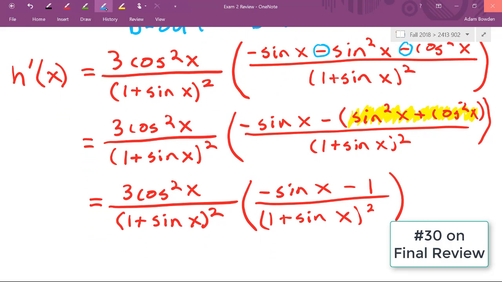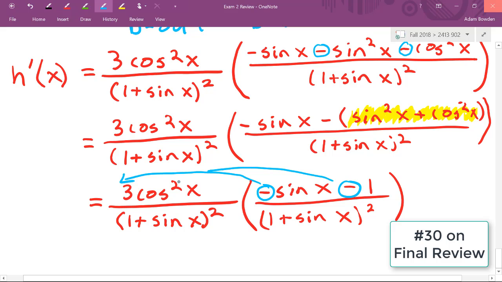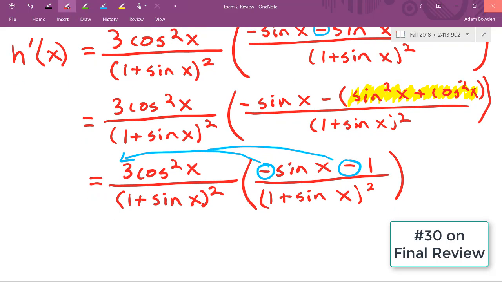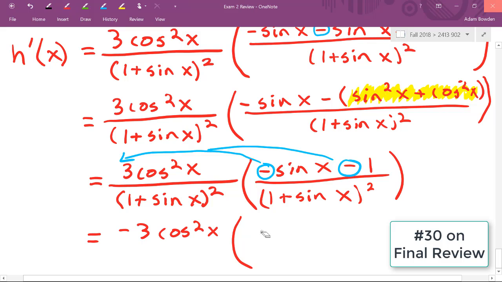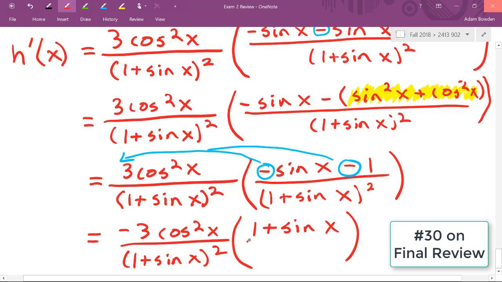Now again, notice how there are negative symbols both here and here. Why don't we just pull that negative out from all of this nonsense here? Get it out to the very front. The reason why I like to do that is now I'll put the negative out in front and have cosine squared, negative 3 cosine squared x. And then this will be 1 plus sine x once you take the negative out from all that stuff on top.